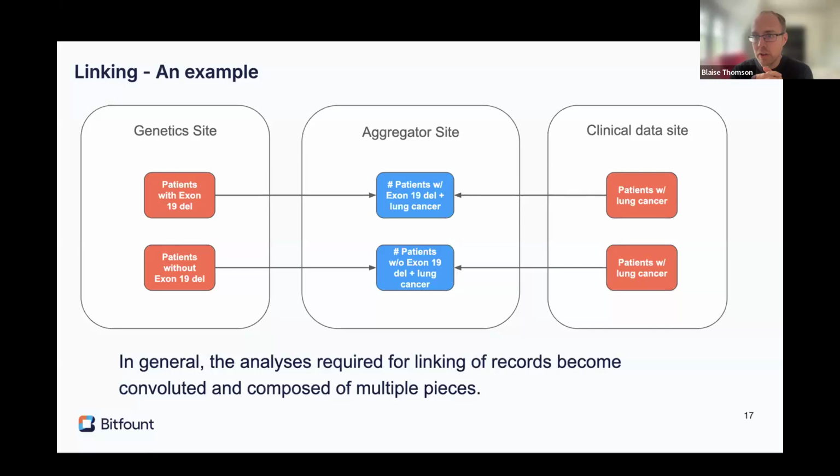There are also solutions that do training of AI models where the data is separated, but those typically have to start with a private set intersection and then do what's called vertical federated learning. So all of this starts being composed of lots of little pieces in order to achieve the calculation of a statistic that's interesting for the data scientist.